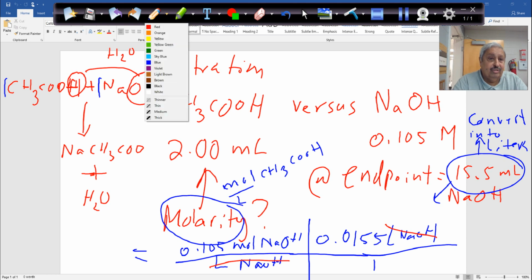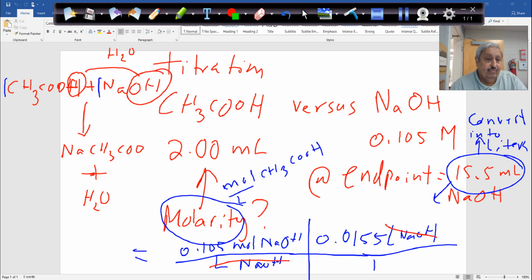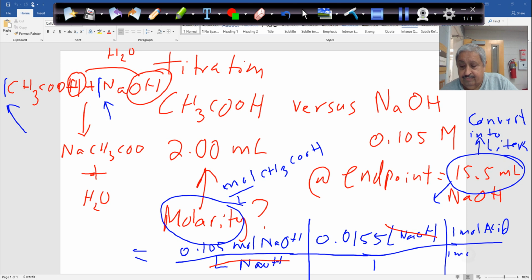I have to look at the equation then. From here, I have 1 mole of this to 1 mole of this. So next, 1 mole of acid to 1 mole of sodium hydroxide, the base. Then see how nicely the moles are cancelling themselves out. So mole sodium hydroxide with the mole cancel themselves out.